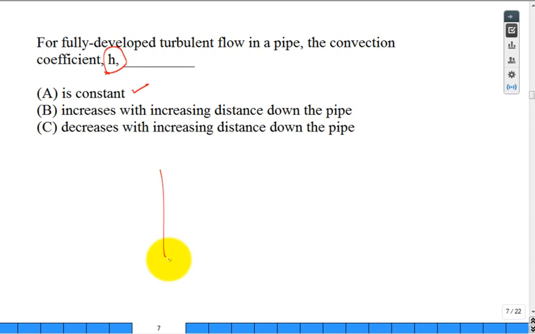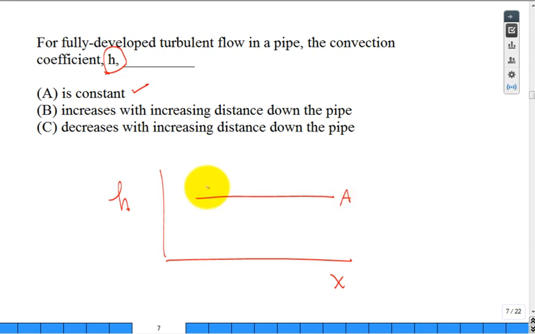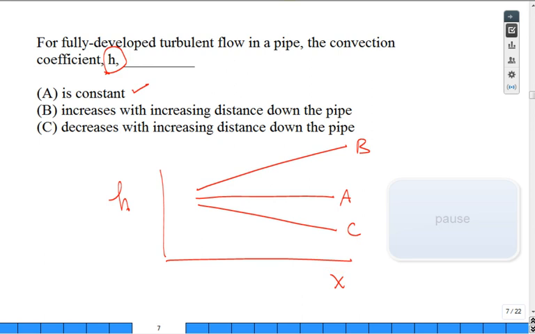So if I wanted to plot it, I have h here, and here's x. It's all fully developed. And case A would be h is a constant. It doesn't change as I go further down the pipe. Or case B, it's increasing as I go down the pipe. Or case C, it decreases as I go down the pipe. Which is correct?